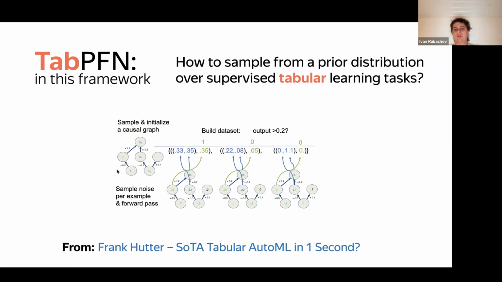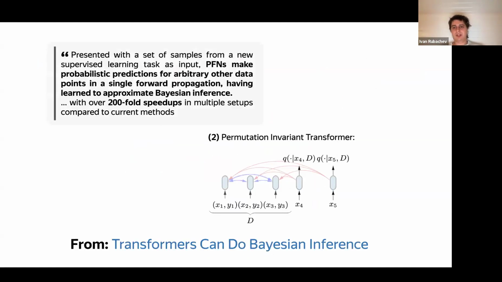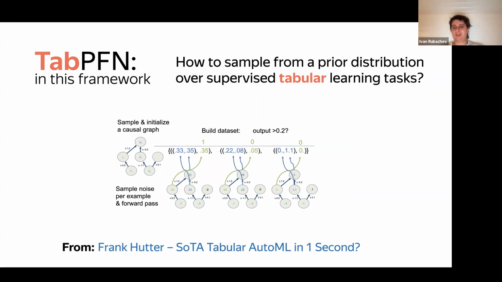And then we just pass some number of randomly generated vectors through this graph and observe the dataset basically. And then we can just say that one partition of the dataset is a train set, and leave 10% for the test set, and just train the prior fitted network as in this slide, in this framework. And we basically have an infinite amount of datasets.